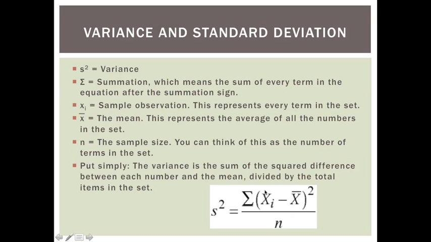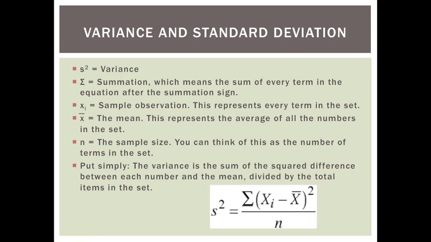You take every term in the set. So one season he had 17 home runs, and you subtract it by the mean, which was 36.8. So if you take 17 minus 36.8 and find the square of that number, and do that for each of his 14 seasons, and then you add all of those numbers together. We'll show you that on the next slide.